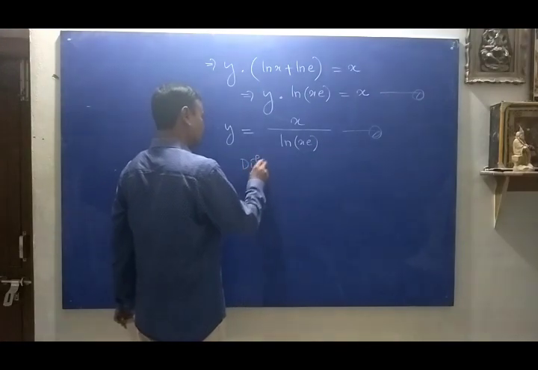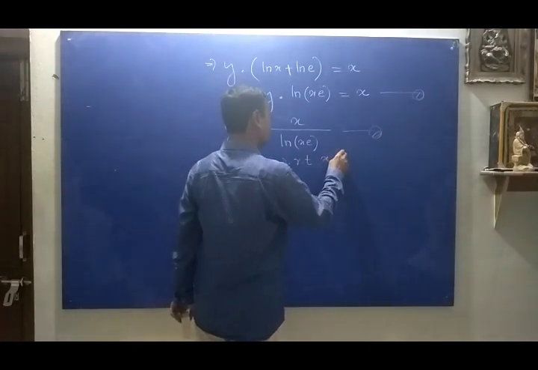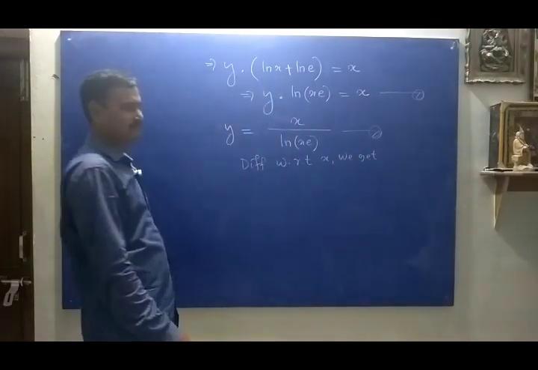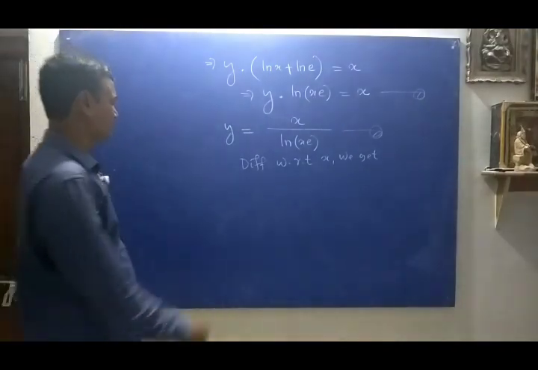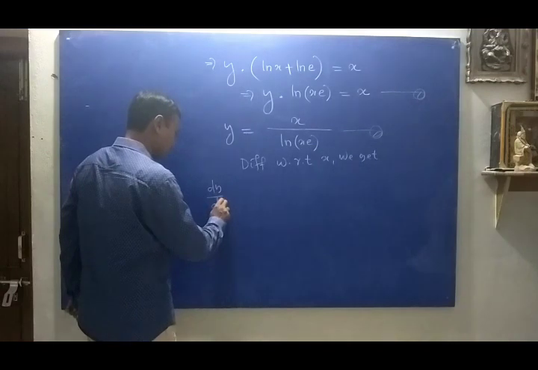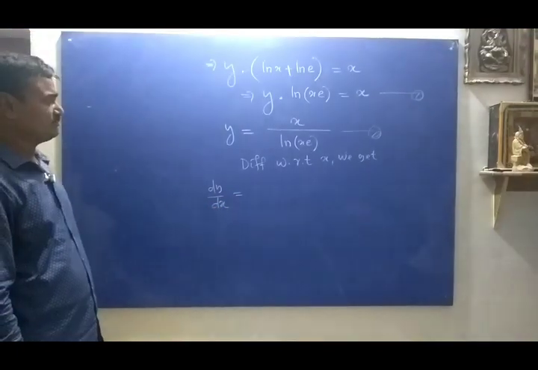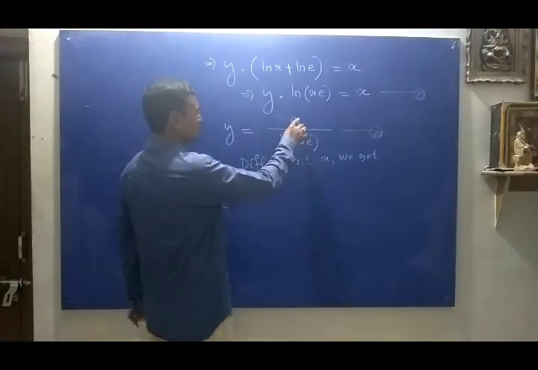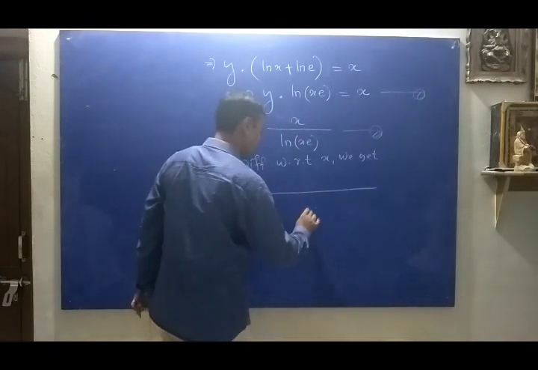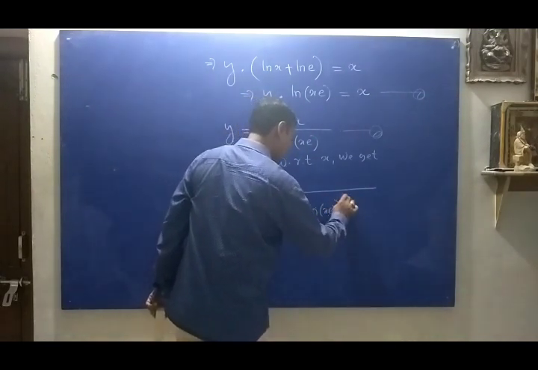So differentiating with respect to x, we get the derivative of y, which is dy by dx. So this is u by v. What is that formula? First v square, so ln of ex whole square.